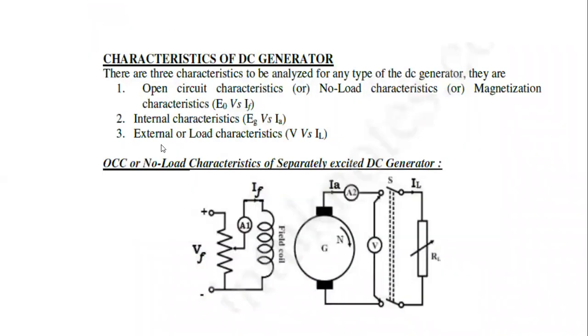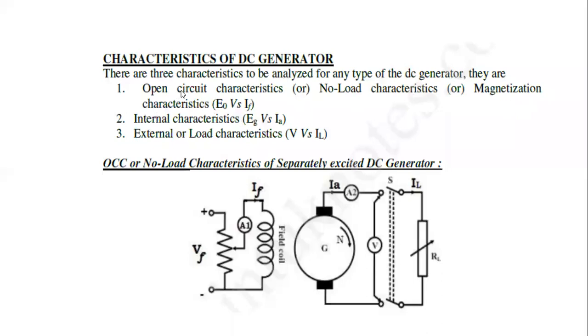What characteristics are there in the case of a DC generator? The first one is the open circuit characteristics, also called the OCC characteristics, no load characteristics, or magnetizing characteristics.